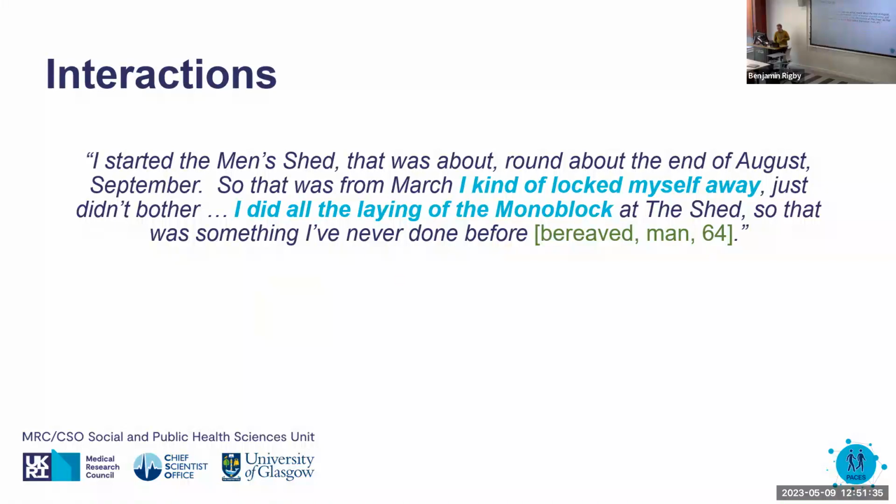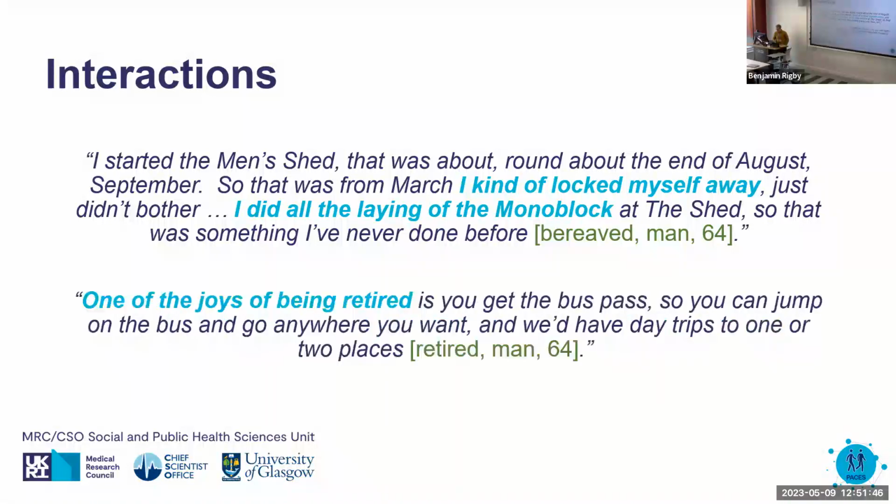This gentleman had locked himself away, he was bereaved, and it was creating those new social connections that gave him opportunities to engage in physical activity in terms of manual labour, voluntary labour. And this gentleman was retired, and it gave him the opportunity to do things. But when we're thinking again about these things taking place in a system, there are policy drivers here, like free bus passes and so on, that allow people to connect and share interests and hobbies.